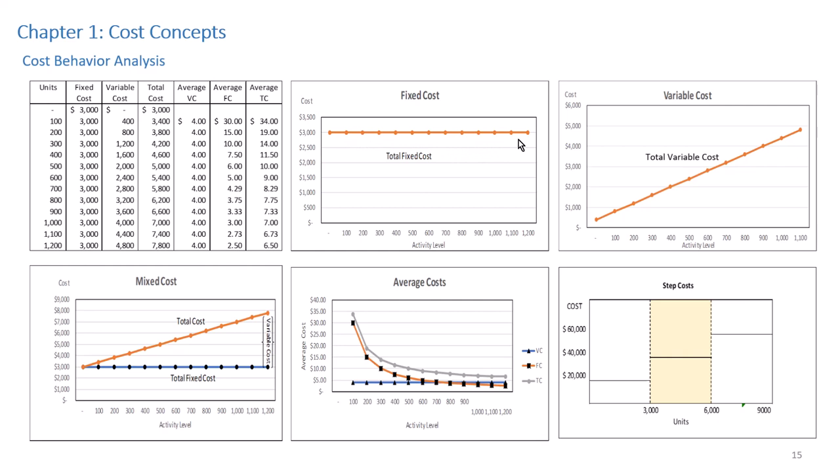The total variable cost graph illustrates how total variable cost increases with each additional unit. If all costs are variable, then at 0 units, there is no cost. Now look at the mixed cost graph. The mixed cost graph shows how variable costs and fixed costs combine to illustrate total cost.